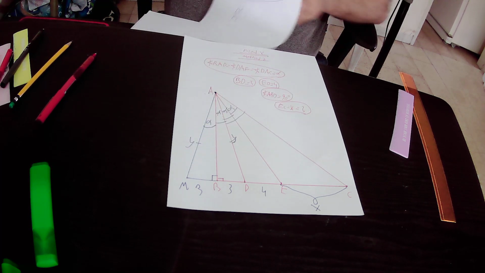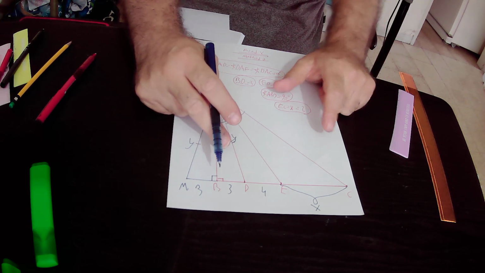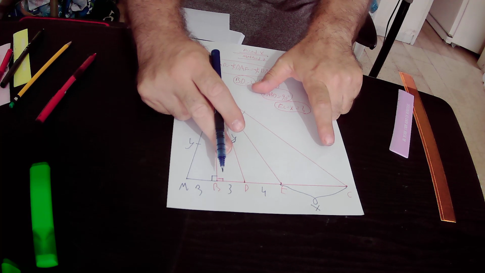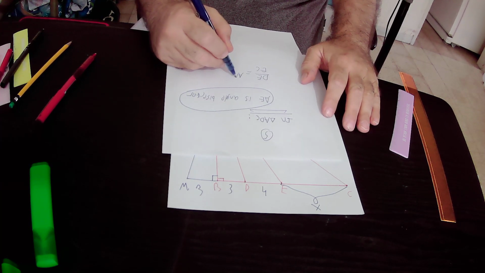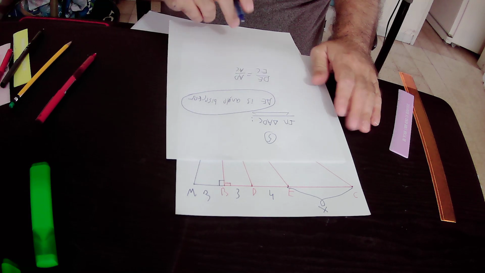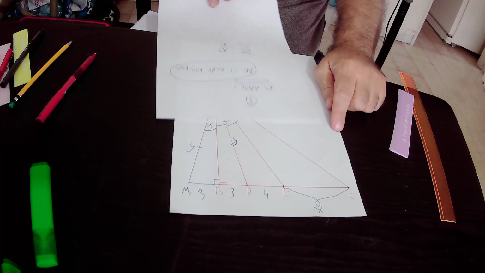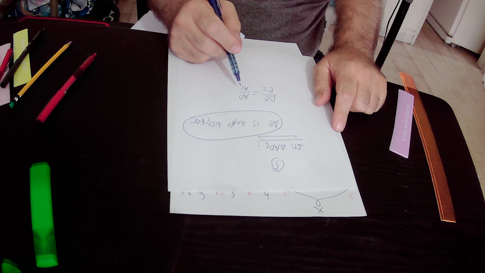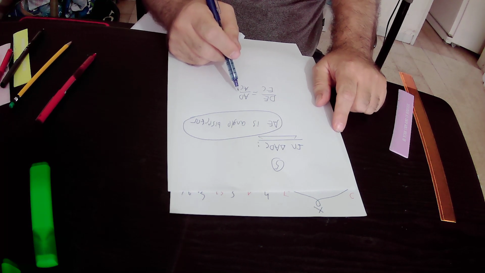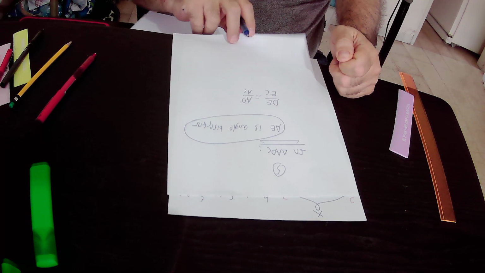And that ratio, according to the angle bisector theorem, equals the ratio between the angle legs, which are AD and AC, so the ratio between the angle legs is AD over AC. Those two ratios are equal to each other, according to the angle bisector theorem.